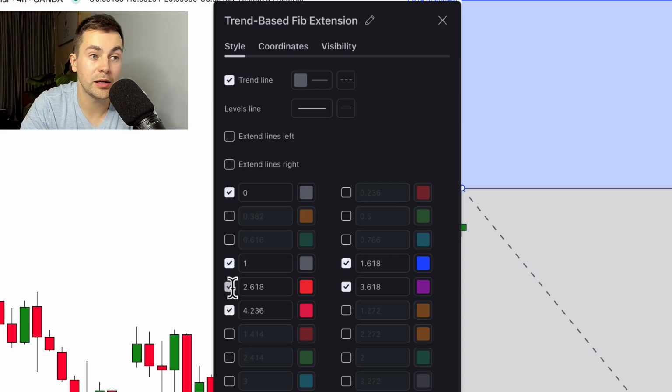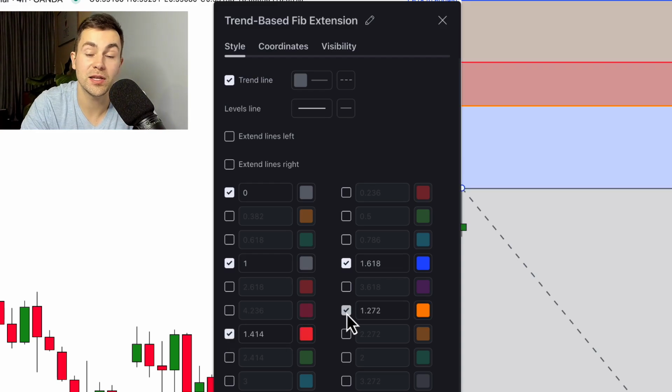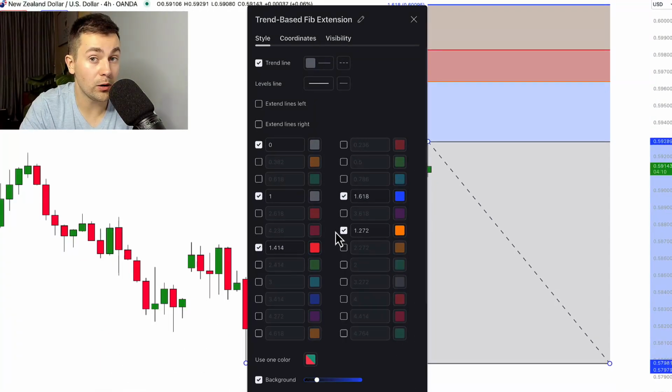Then you should take away the 3.618, 2.618, 4.236 levels, and you should add the 1.414 level and 1.272. The most powerful Fibonacci extension levels are 1.272, 1.414, and 1.618, and you also keep the 0 and 1 levels.